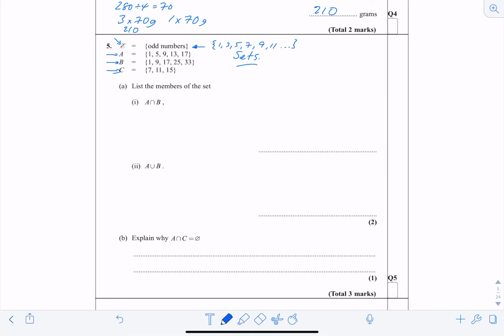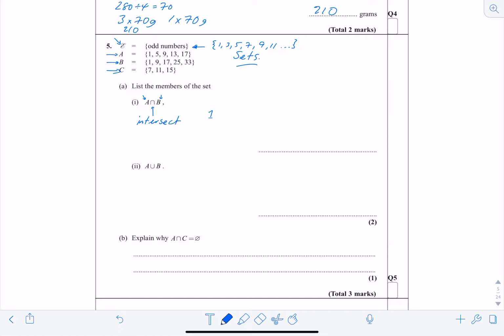Now, it says list the members of the set A intersect B. What does intersect mean? It means the numbers that are found in A and in B. Okay, so it has to be in A and in B. So what numbers are in A and B?